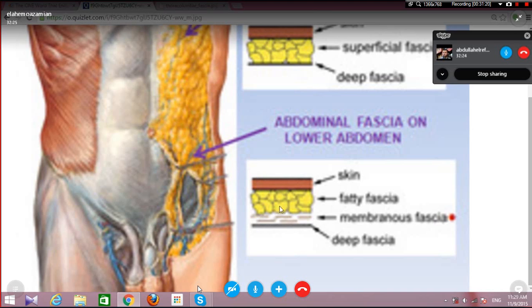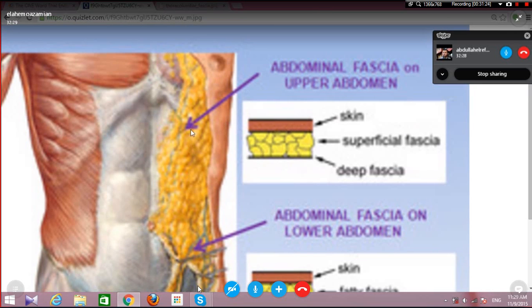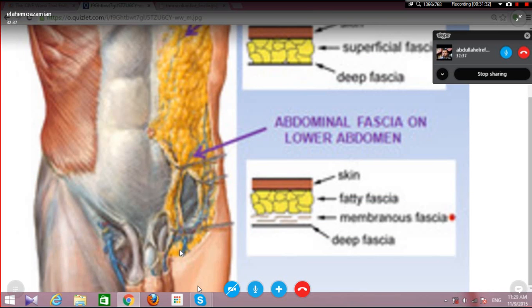The fatty layer continues with the other superficial fascia of the body. Do you see? The fatty part continues with the fatty part of the thorax and the fatty part of the pelvis. But the membranous part, when it goes inferiorly, you will learn later, continues to the perineal region.